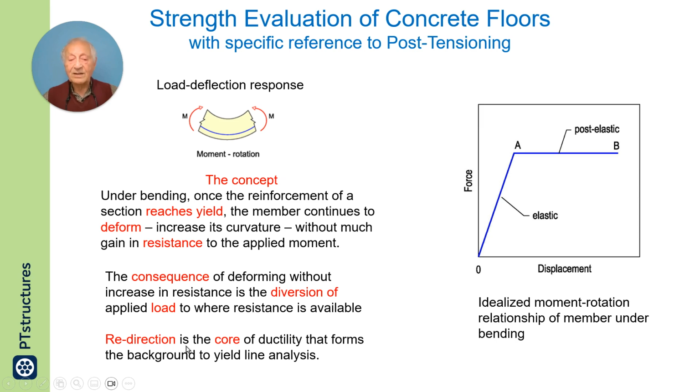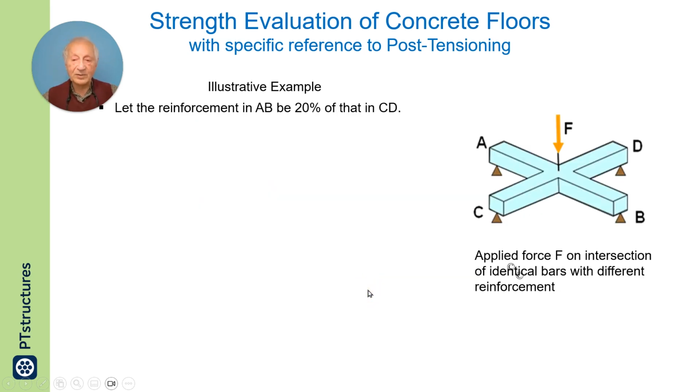Redirection of the load is the core of ductility that forms the background to yield line analysis. Concrete slabs, including post-tensioning, are viewed as ductile material, meaning once they reach their capacity, they have the ability to divert the increase in load demand to where resistance is available.